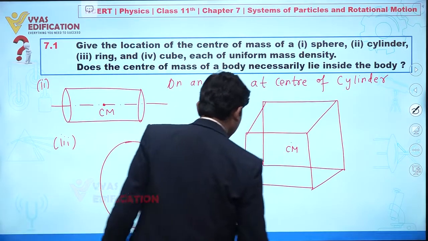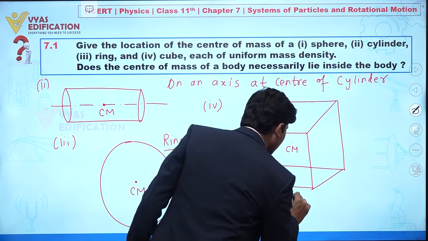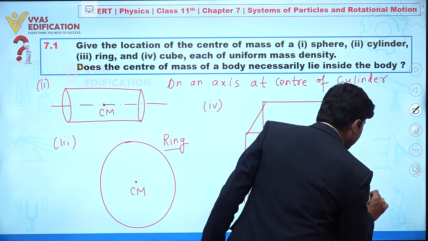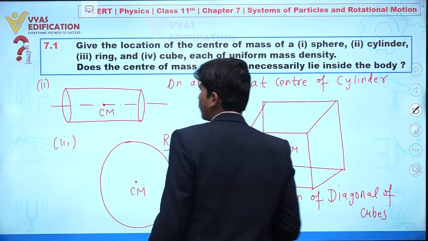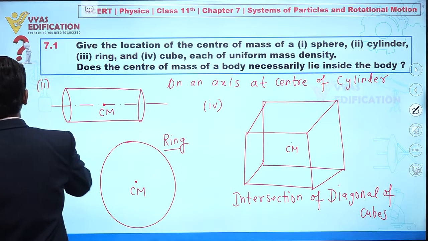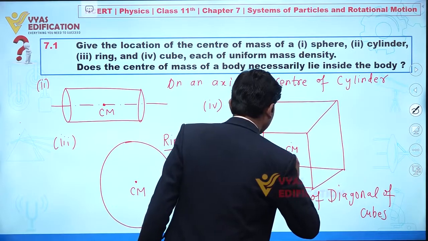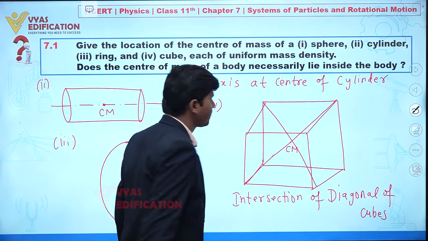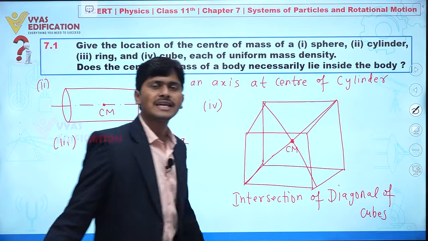So I can say here the position of CM we will find at the intersection of the diagonals of the cube. If you draw the cube like this, at the intersecting point we are getting the center of mass of this cube.